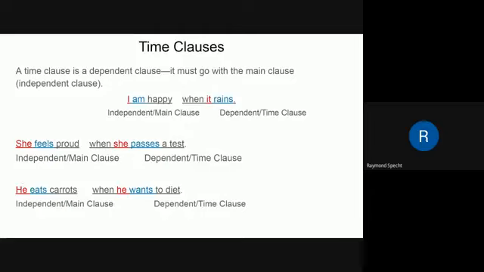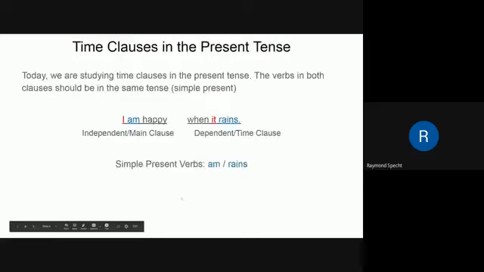He eats carrots when he wants to diet. He eats carrots, independent main clause. When he wants to diet, dependent time clause. And again, there's our time word. Okay, I'll give you 1 minute, look over this slide, and then we'll go over it together.